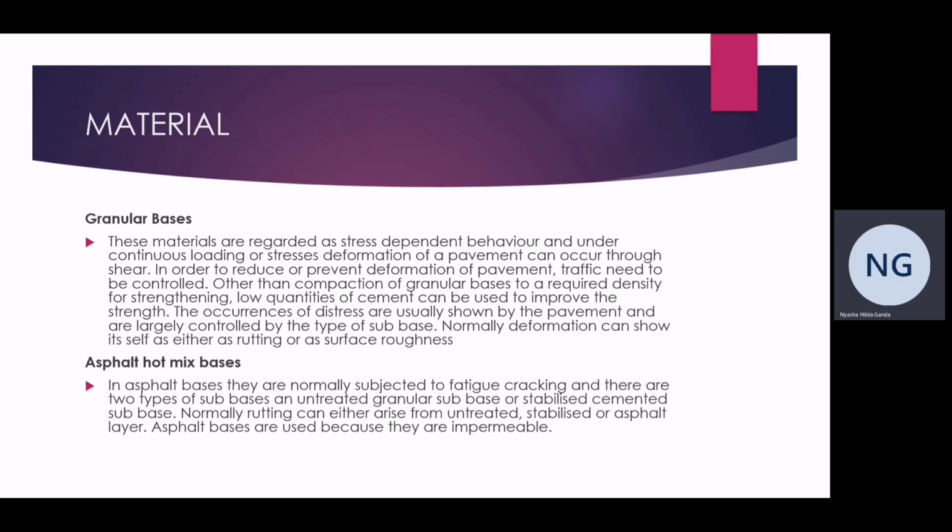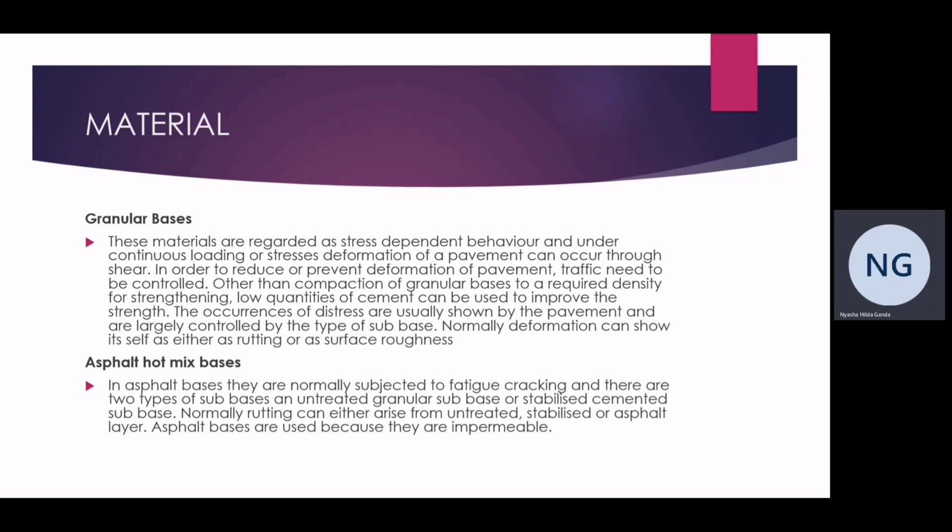In order to reduce or prevent deformation of the pavement, traffic needs to be controlled. Other than compaction of the granular base to a required density for strengthening, low quantities of cement can be used to improve the strength.